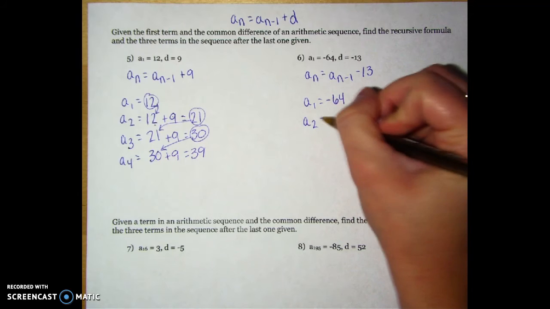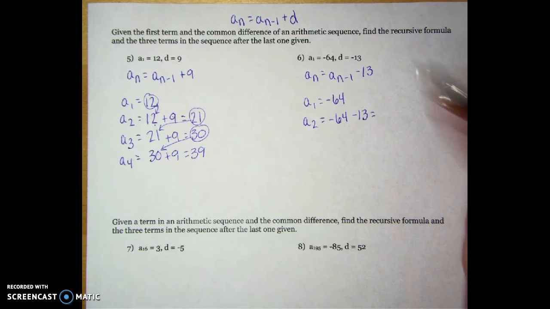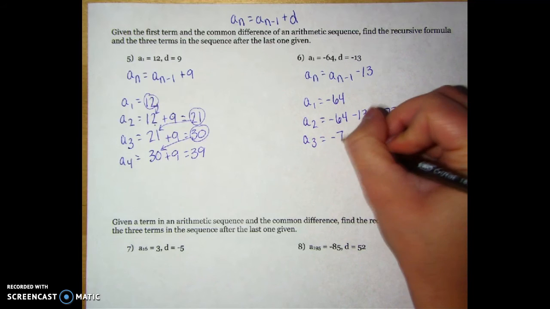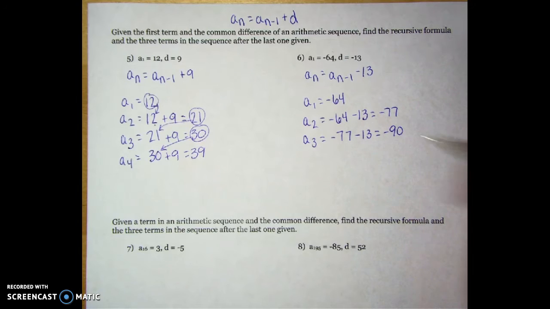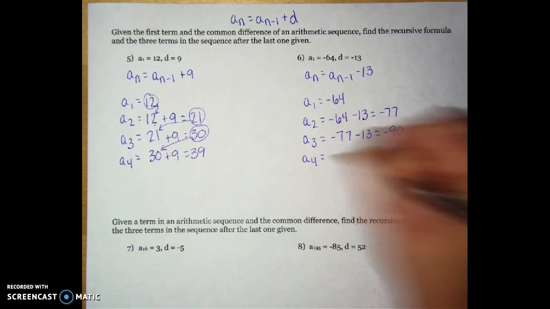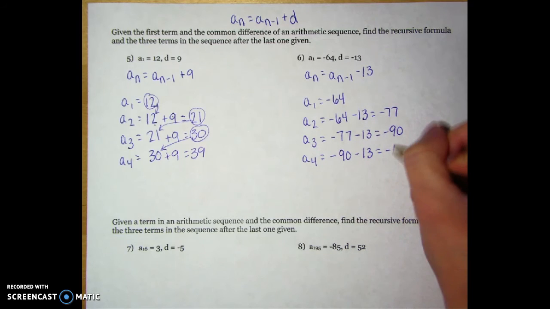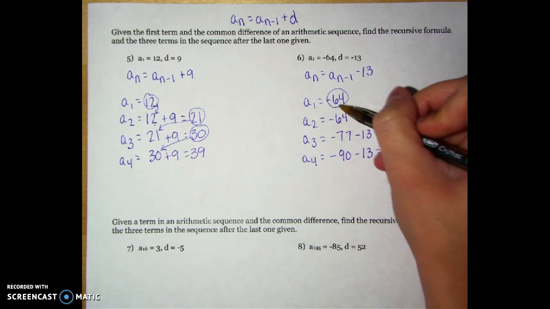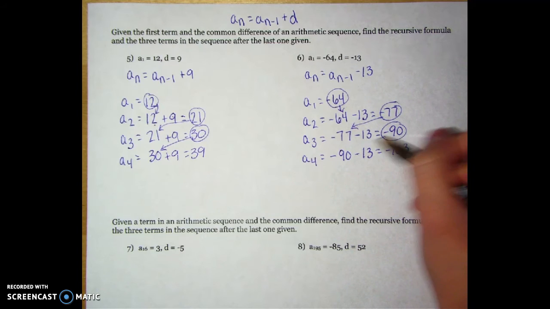A sub 2 is going to be negative 64 minus 13, which is negative 77. A sub 3 is negative 77 minus 13, which is negative 90. A sub 4 is negative 90 minus 13, which is negative 103. So I just took this negative 64, plugged it in there. Took the answer, plugged it in. Took the answer, plugged it in.